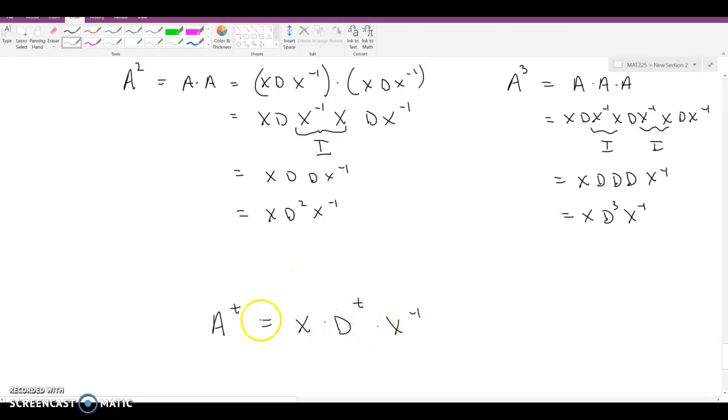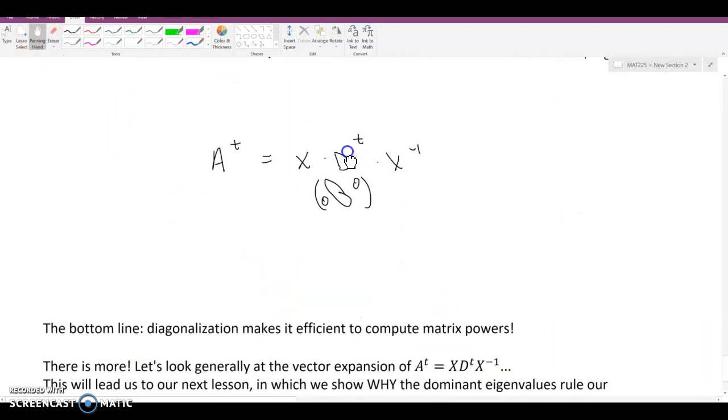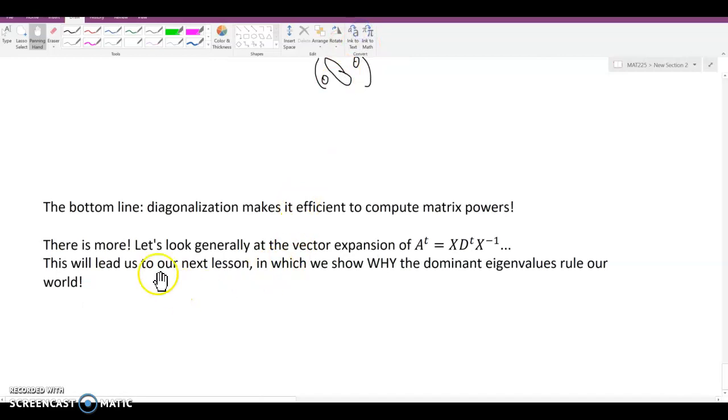This is not a transpose, but if this t is a million, then all I have to do is raise all the diagonal components of D to the millionth power, zeros everywhere else, and this is relatively easy to do. So that's where the power of this method comes in. The bottom line, diagonalization makes it efficient to compute matrix powers.